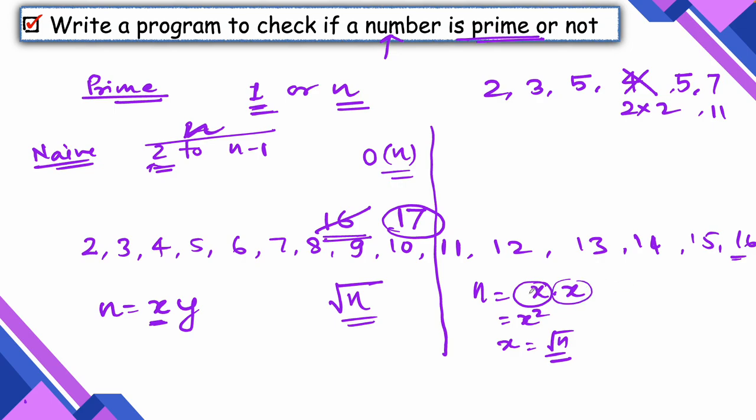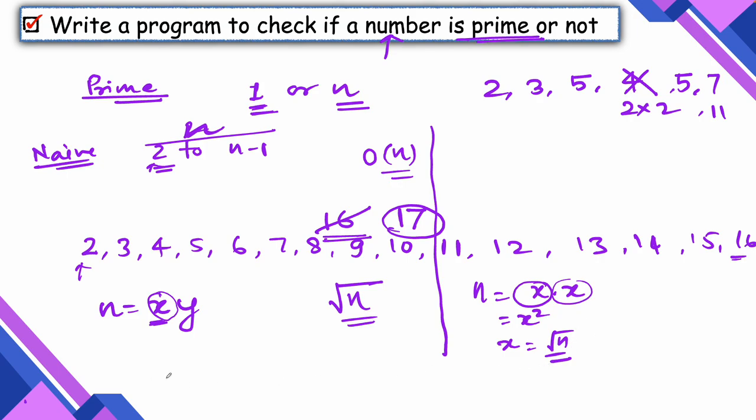If any one of them is greater than the square root, the other has to be less than or equal to the square root. So what I am proposing is, you should always iterate from 2 to square root of n. Because if this number x lies beyond root n, then y will be less than root n.